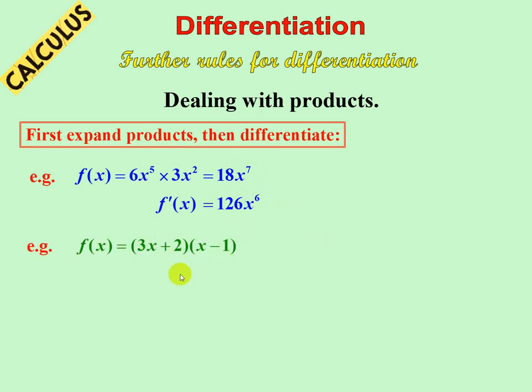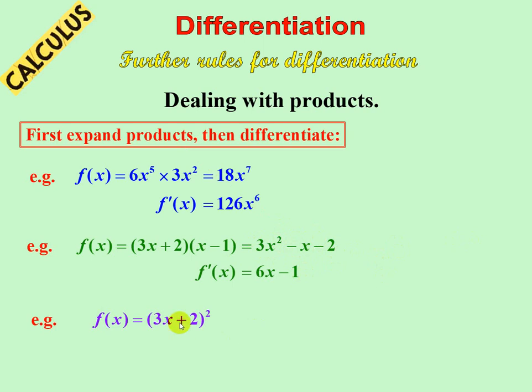This one here, 2 brackets multiplying, don't differentiate 3 there and 1 there from this, because it is not the correct answer. It's almost as if you differentiated twice. Multiply it out first, there we are, it's become a trinomial. Now we can differentiate. 6x to the 2 minus 1, minus 1x, because there's a 1 there, 1x to the 0, which is just 1.